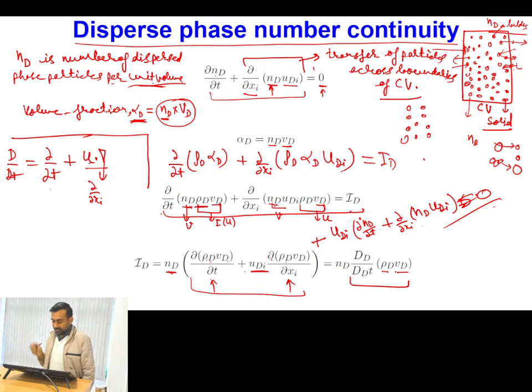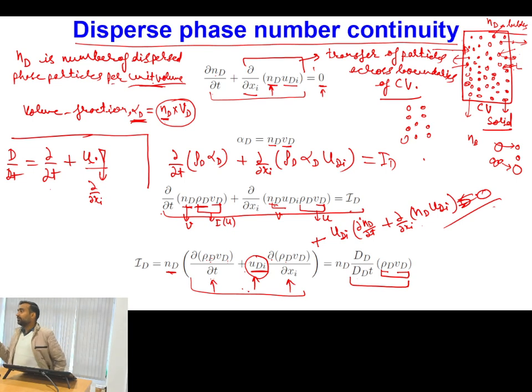One important point: with this capital D total derivative, the subscript d is also used. Why? The reason is this velocity here is for the dispersed phase, and all these quantities inside specify the dispersed phase, but outside in the advection term this velocity is also of the dispersed phase.